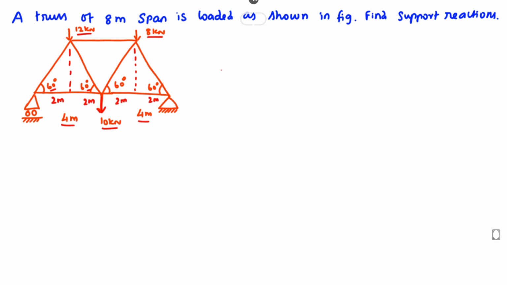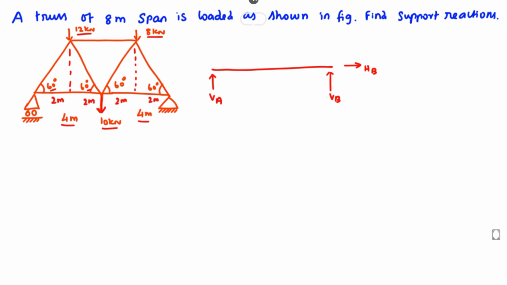Okay, so now we can draw the beam like this. Here this is a roller support, so we only have VA. Another is a fixed support here, so we have VB and HB.